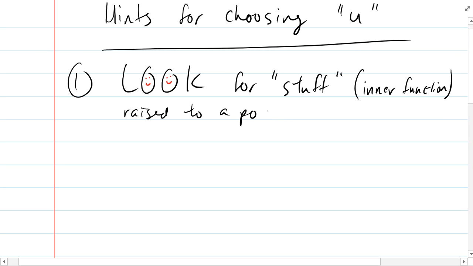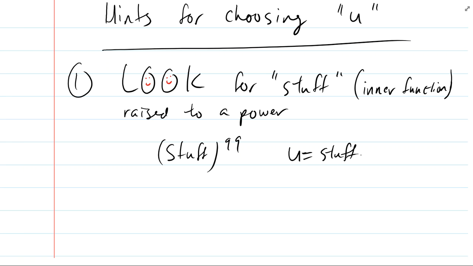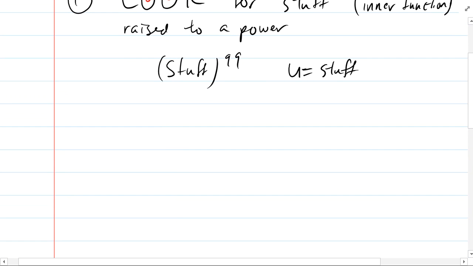Suppose it's stuff to the 99th power. u is equal to stuff. Does that make it a lot easier? Because if you're integrating u to the 99th power, what are you going to do? Add 1 and divide by 100, right? Simple, right? And then you got to find du, right? And is that going to end up being a coefficient change? That's all you're doing, is you're trying to figure out what it is so you can take its derivative and find the right coefficient.